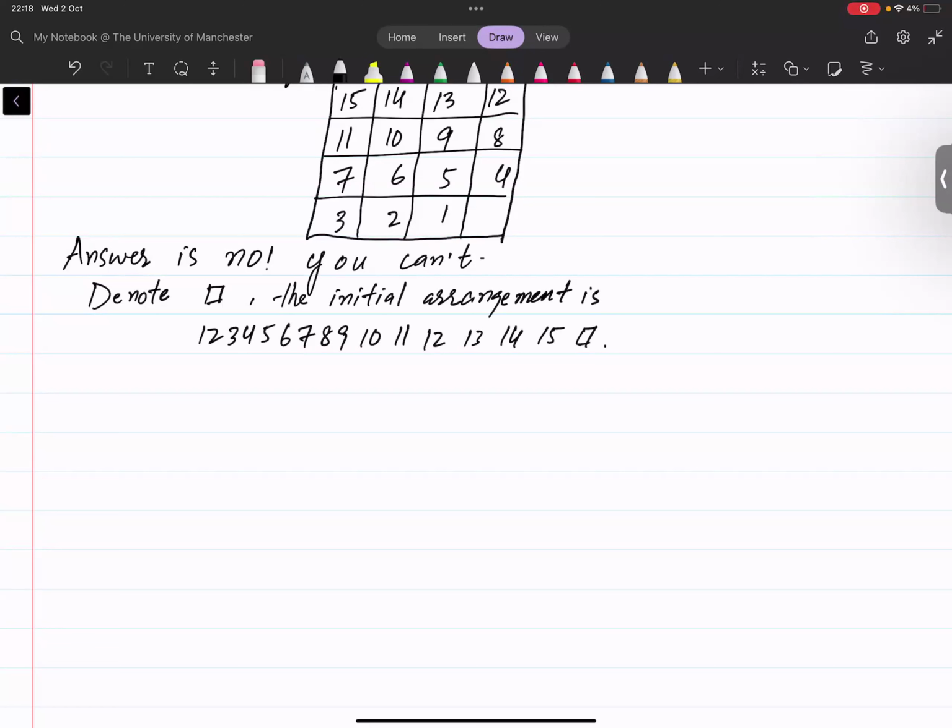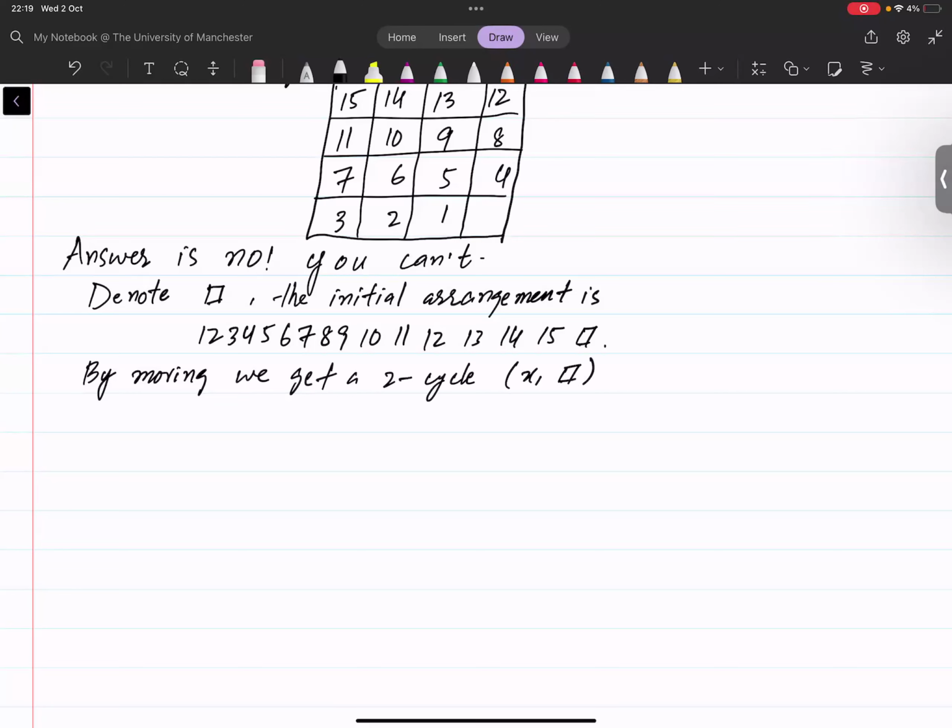Now, moving a number x into the space corresponds to doing a two cycle. So by moving, we get a two cycle, that is x comma this empty box.